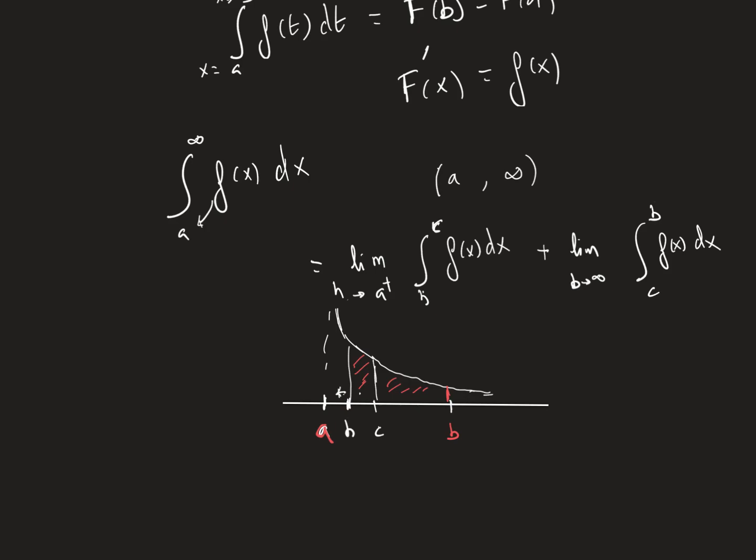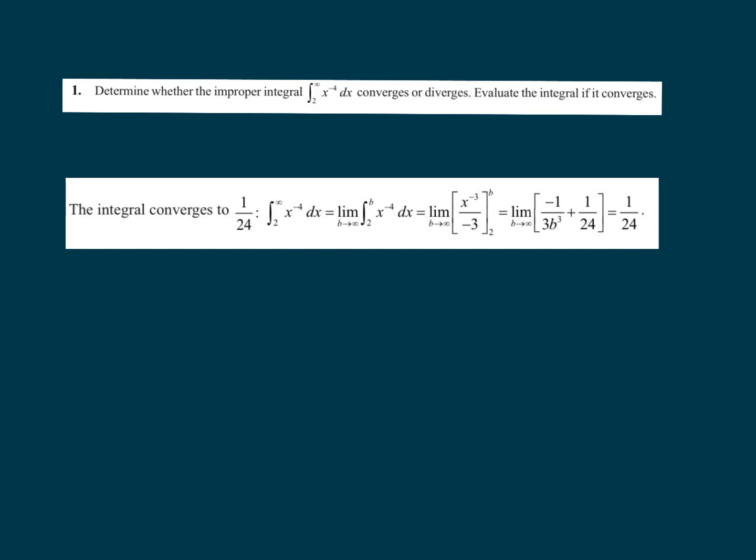Let's do problems. The first problem says: determine whether the improper integral from 2 to infinity of x to the minus 4 converges or diverges, and evaluate the integral in case it converges.